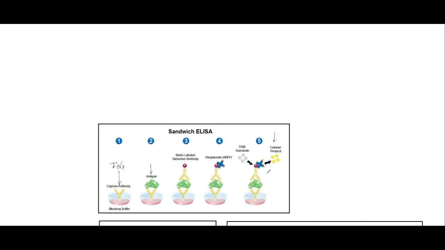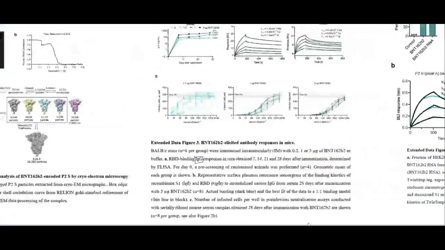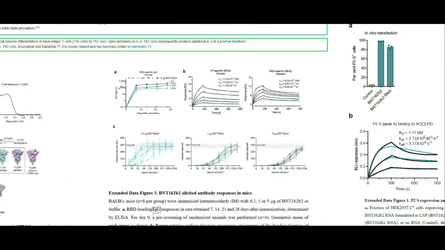It will only be produced if your antigen has bound, because otherwise this whole apparatus will not bind to it, and so you wash it away, and then you get none of this product being produced. And so that's how this ELISA assay works.